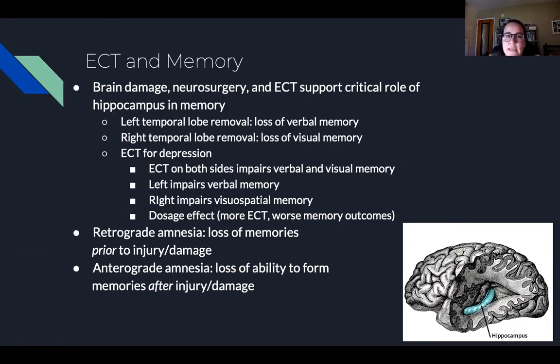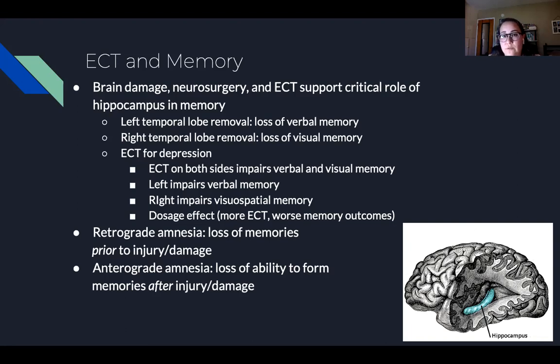Cases of brain damage, neurosurgery, and also people who have undergone electroconvulsive therapy, ECT, to treat depression have shown us the importance of the hippocampus in our storage and retrieval processes. Various cases have shown us that when the left temporal lobe is surgically removed, verbal memory gets knocked out.